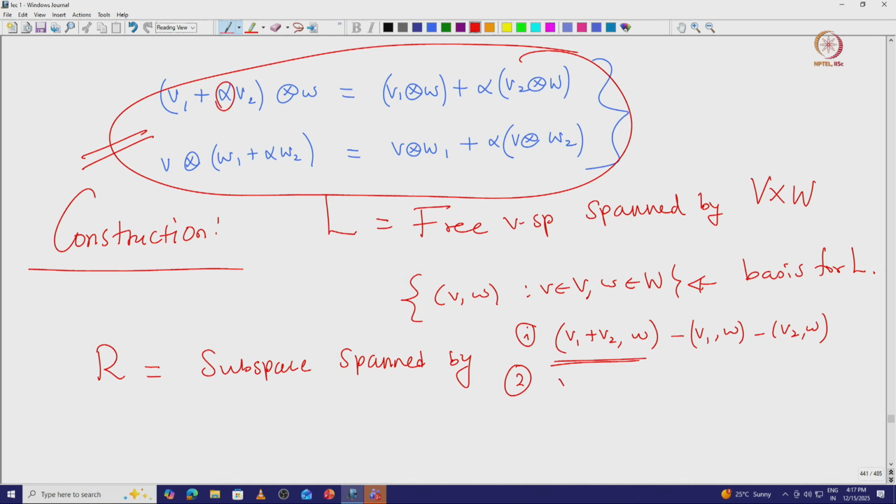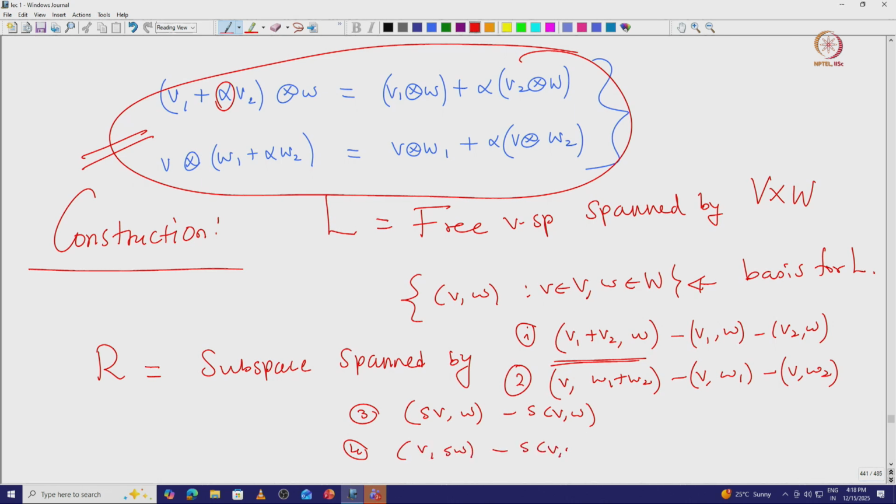And similarly, if we take (v, w1 + w2), this should be equal to v tensor w1 plus v tensor w2. So that means you have to subtract these two. And similarly, the third relation: (sv, w) minus s times (v, w). Fourth relation: (v, sw) minus s times (v, w).